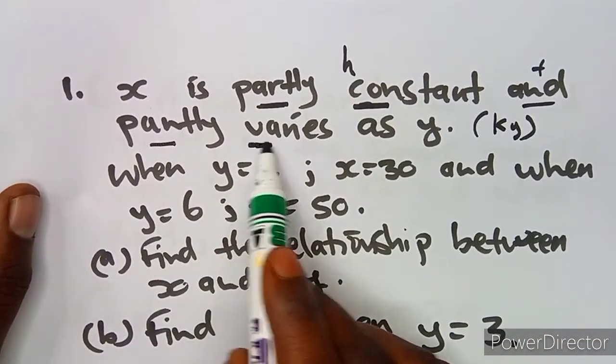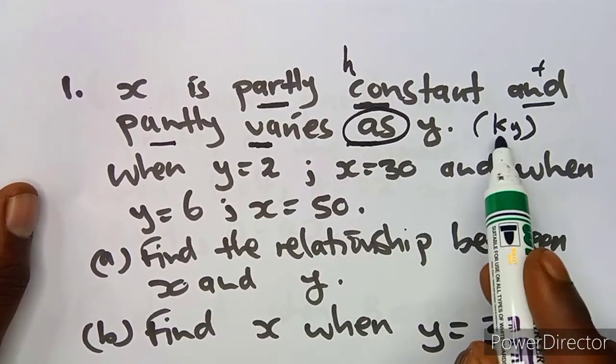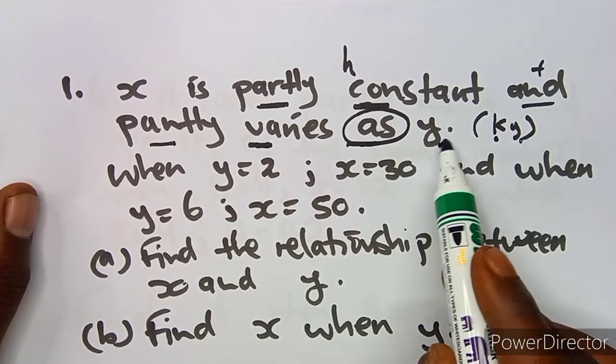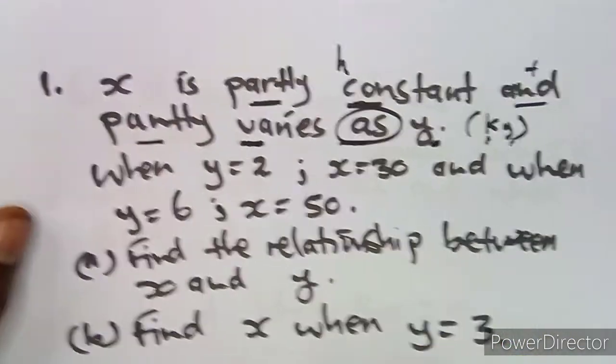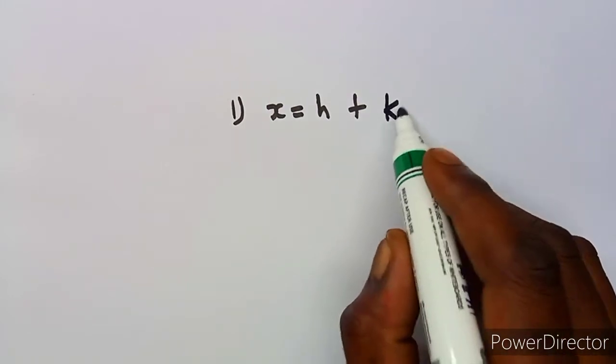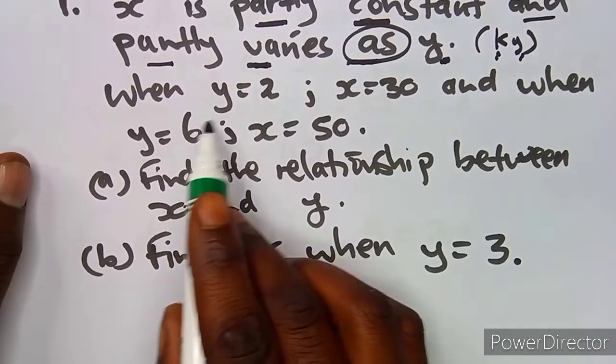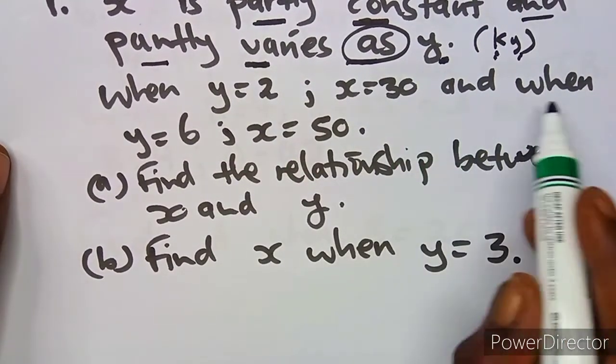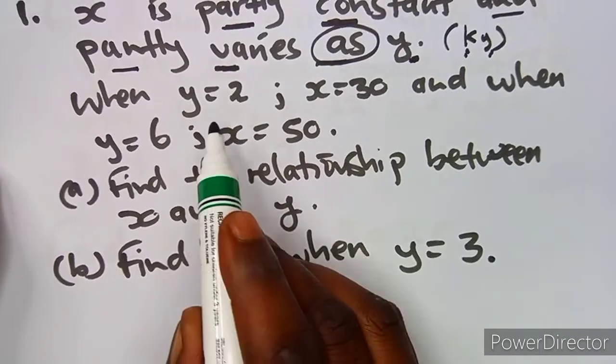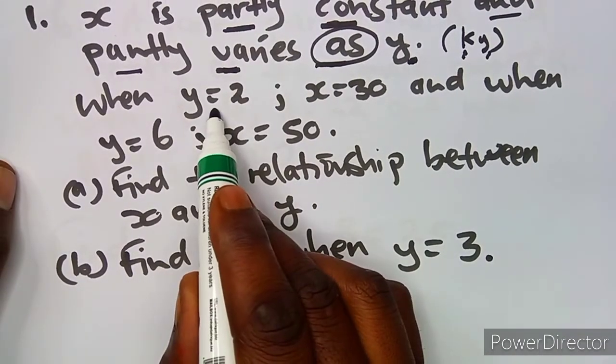Partly varies as a constant times Y, so it's going to be plus KY. Now you are given when Y is equal to 2, X is equal to 30. Take note, guys, this is complete information.